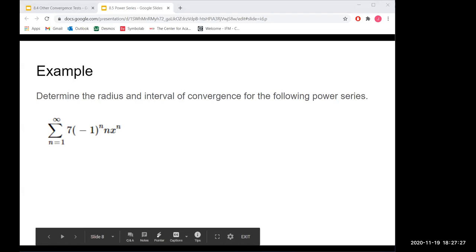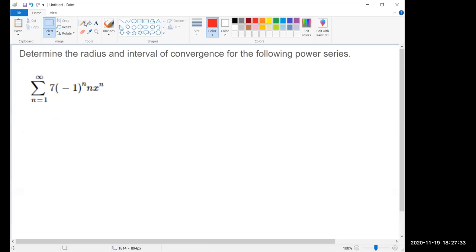Taking a look at this power series here, let's make sure we know what's going on. I can list out the terms if I wanted to.